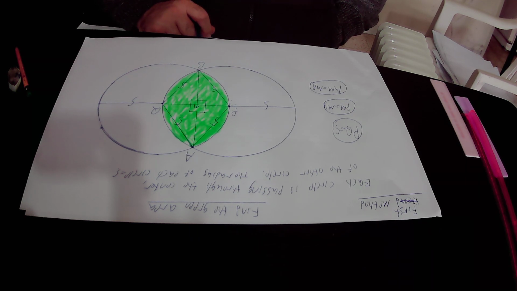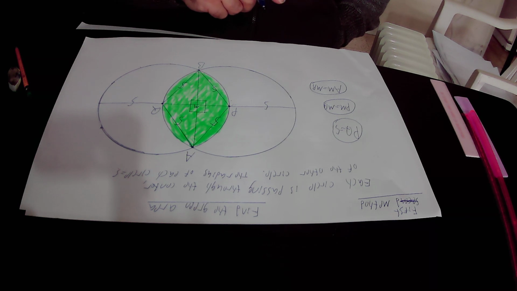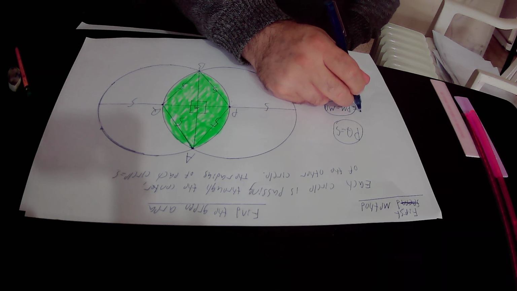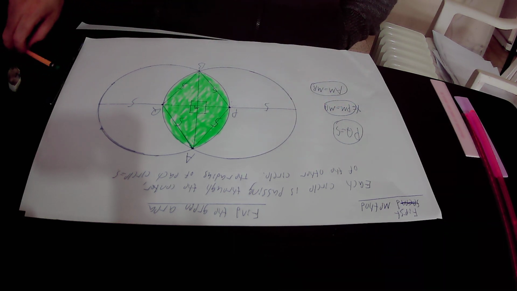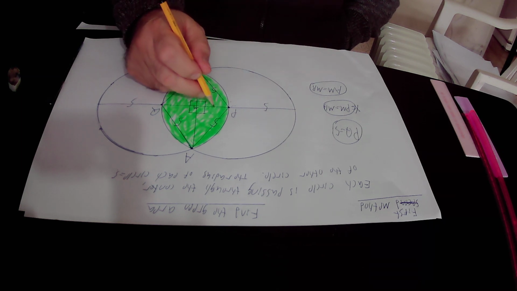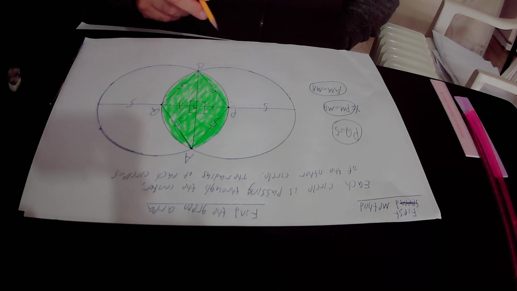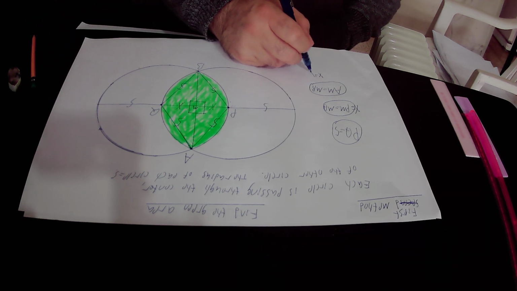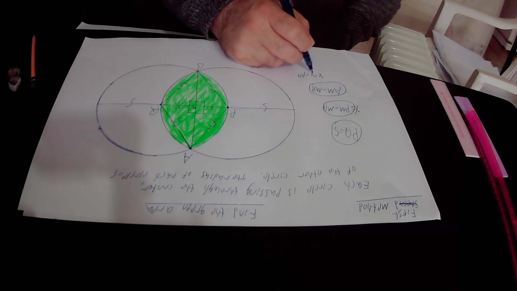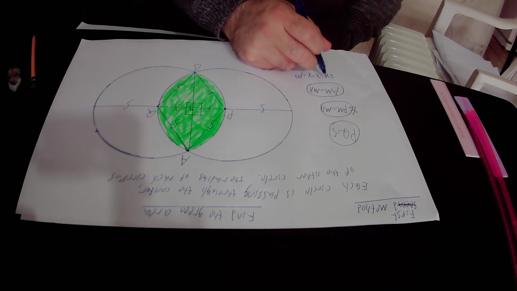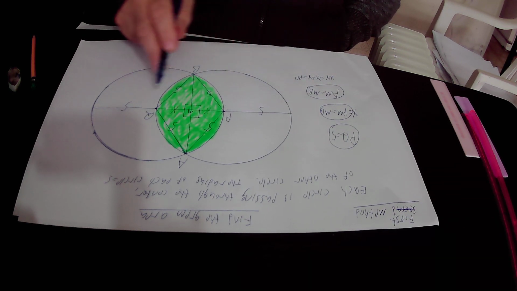So here, if we define PM as x, then MQ will also be equal to x. But we know that x plus x equals PQ. That is to say, x plus x is 2x, and 2x equals PQ, but PQ equals 5 units.